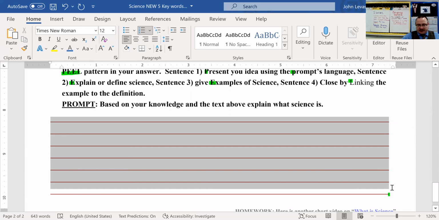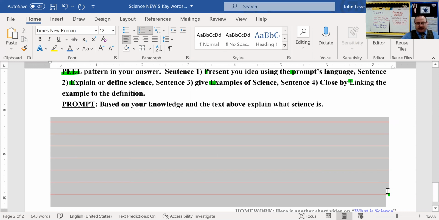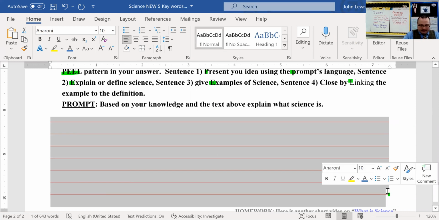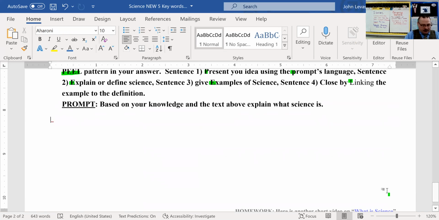And so I suggest that you highlight the lines unless you're actually writing over this. And let's start with the prompt. The prompt says, based on your knowledge and the text above, explain what science is. So I'm going to start with based on my knowledge about science.